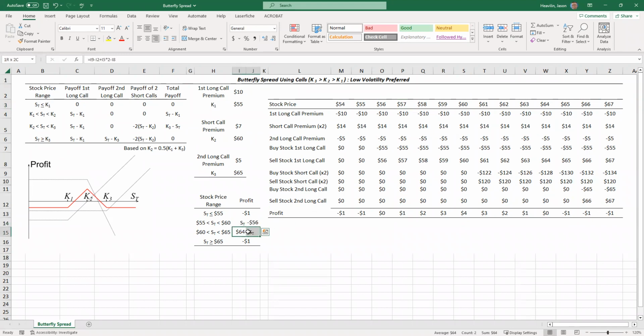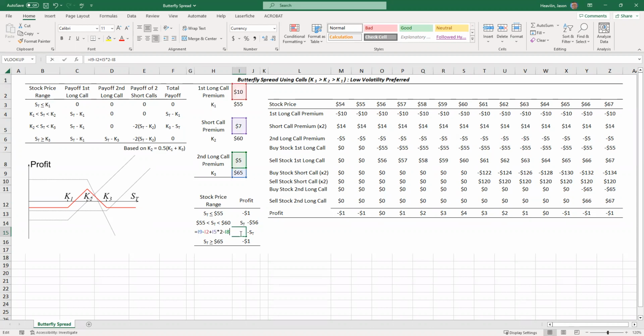Now what happens when you're between 60 and 65? So we go here. We have K3 minus the stock price. However, we have to adjust for the premiums. So what do we have? The minus stock price, same issue because of the range, the stock price changes. So we just need to figure out the part on the left.